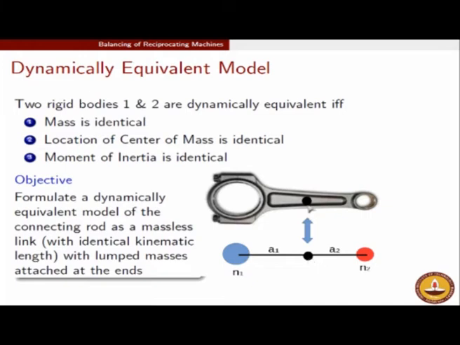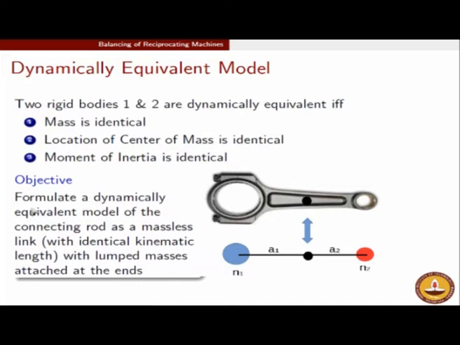And similarly, the moment of inertia about the center of mass of both these systems should be exactly the same. So, these three are the conditions which will enable us to say that the actual connecting rod is dynamically equivalent to this simplified connecting rod representation.